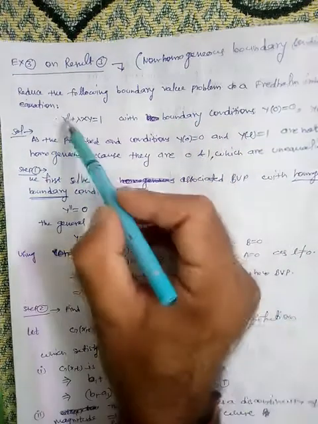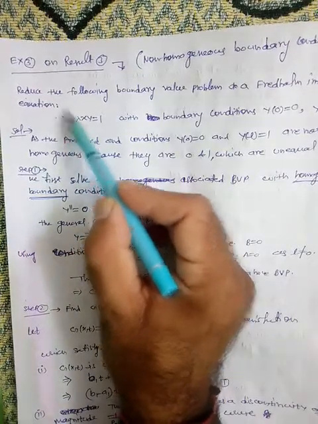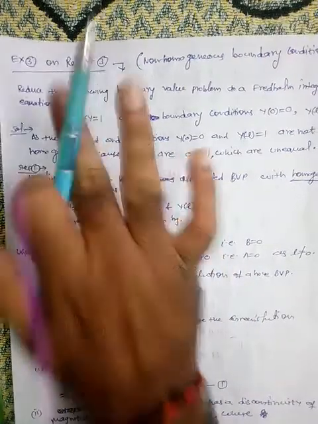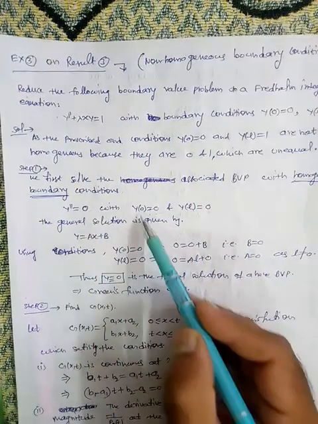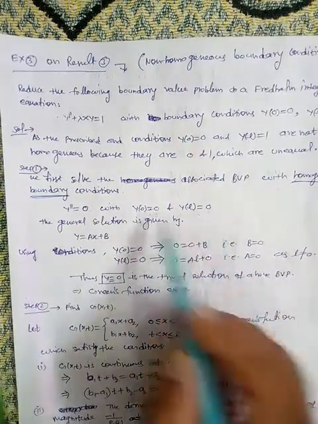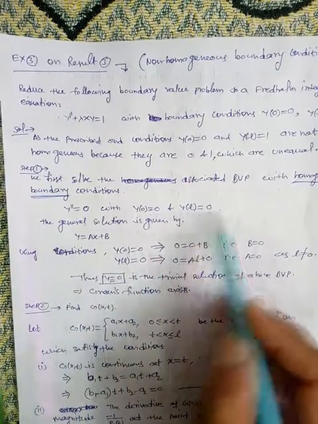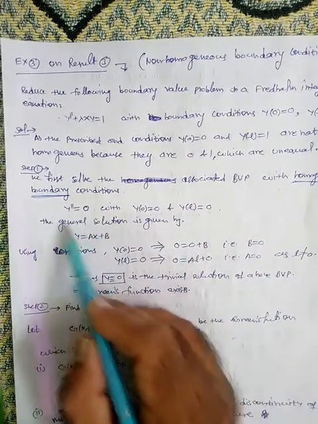Okay, so we will take only the highest order derivative term, not the others. Fine, so here we have taken y double dash is equal to 0, y at 0 is 0, y at L is 0. So here we took the homogeneous equation and the term with the highest order derivative.